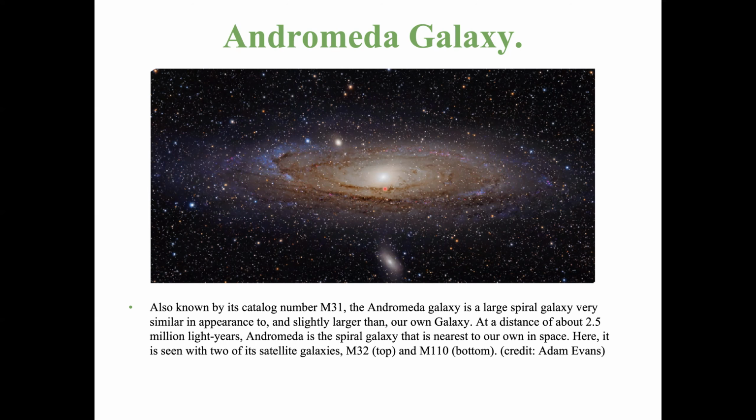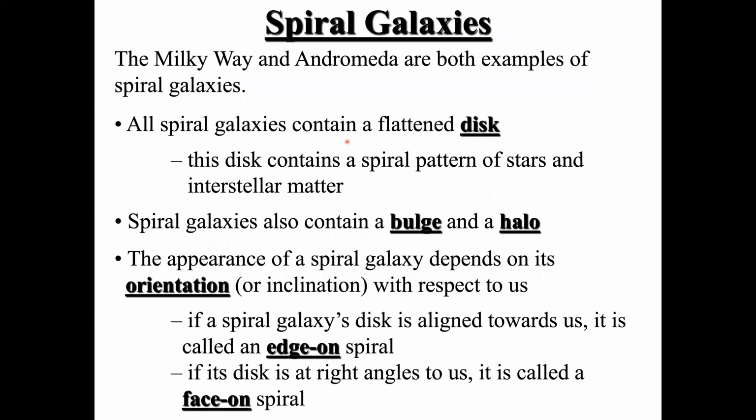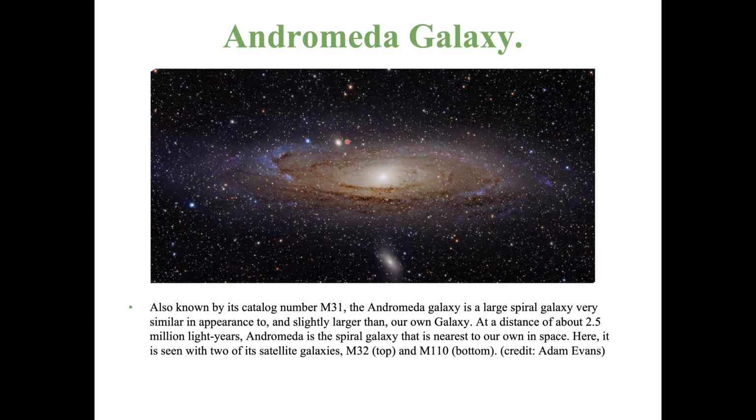You can see when you compare the size of these two with the size of this galaxy, this is very huge, and comparatively these two are very small and their brightness is smaller as well. So they are two faint galaxies, and these faint smaller galaxies are called dwarf galaxies, right?